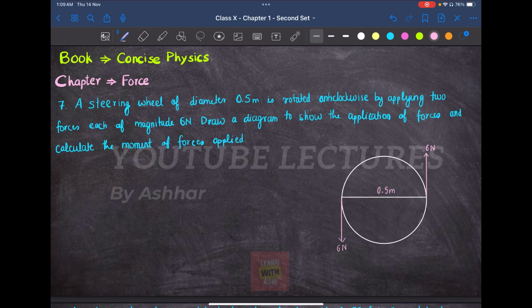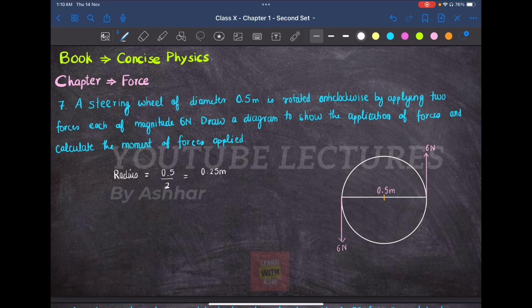After that, they are asking us to calculate the moment of forces being applied. So over here, firstly we need to find the radius, which is half of the diameter, which is nothing but 0.25 meter.